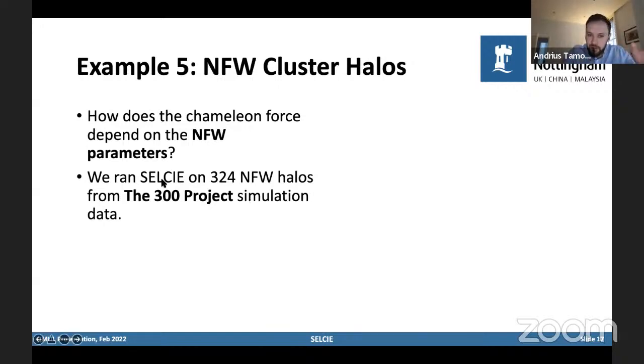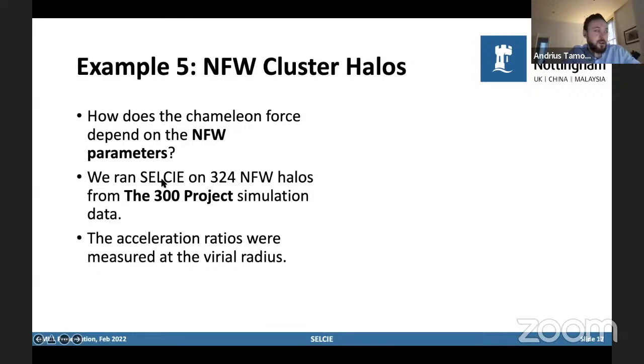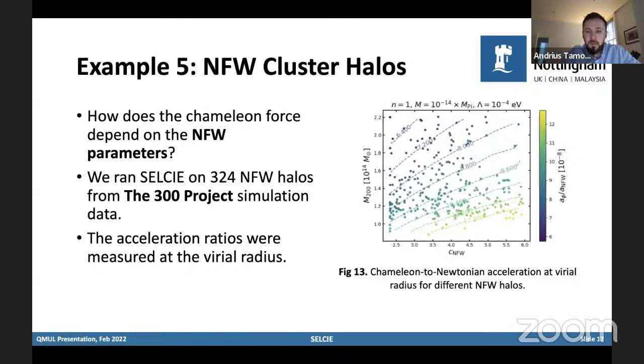So we've taken all those halos and ran our code on them. And this is the result that we get. We have the virial mass of each halo, the concentration of each halo, and the color is the ratio of the chameleon acceleration versus the Newtonian acceleration at the virial radius of each halo.